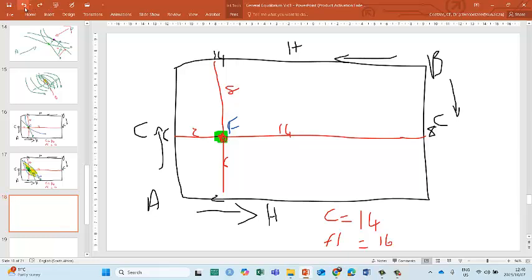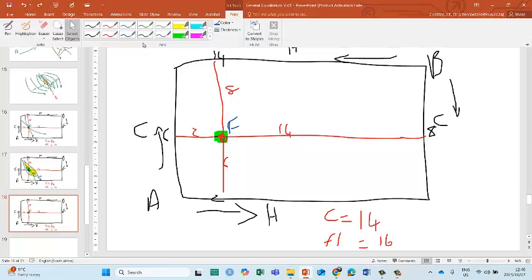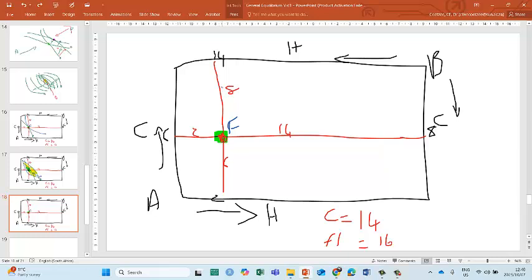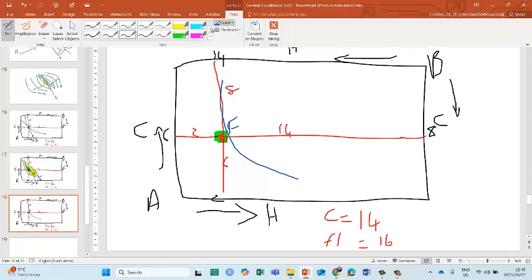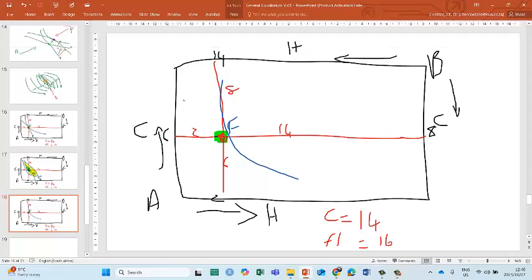So that could be, it's difficult to draw these things nice and accurately. Something like that. And B could be something like that.